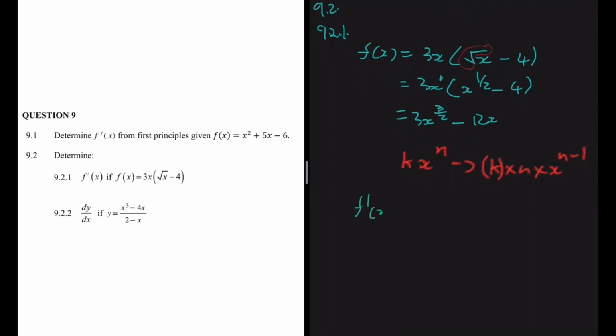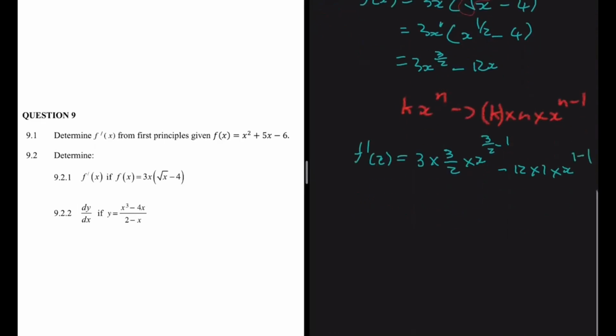So we have f prime of x being equal to 3 multiplied by 3 divided by 2 multiplied by x to the power 3 divided by 2 minus 1. And then let's apply the same to 12x. We're going to have minus 12 multiplied by 1 and then multiplied by x to the 1 minus 1, right? So 3 multiplied by 3 divided by 2, 3 multiplied by 3 is 9, divided by 2, we just get 9 divided by 2, right?